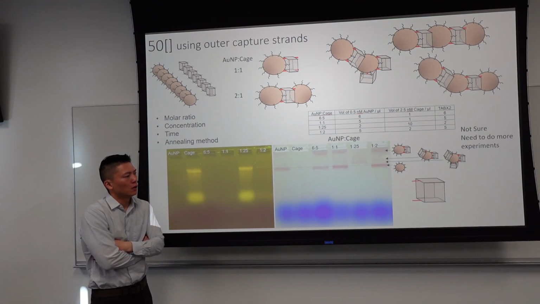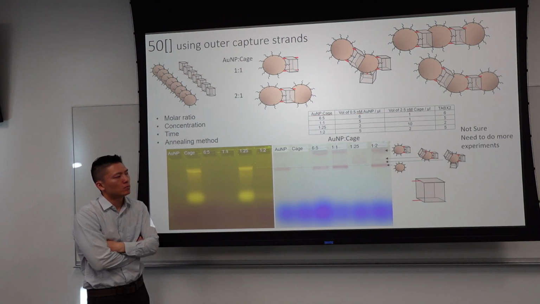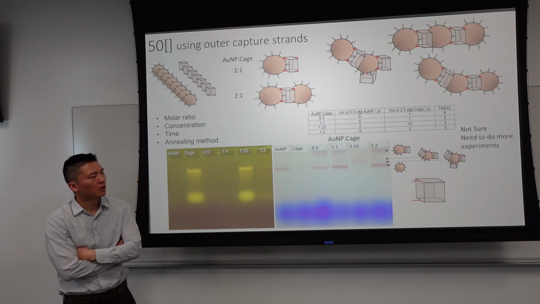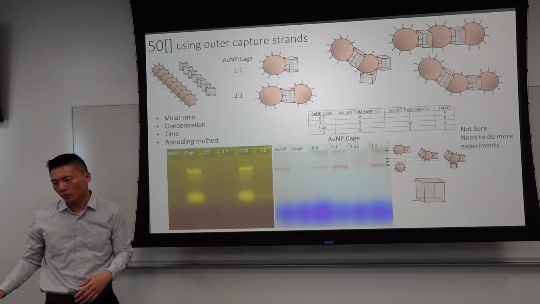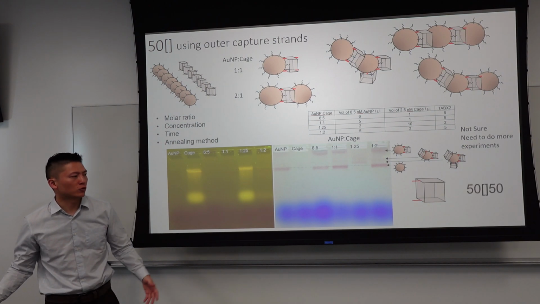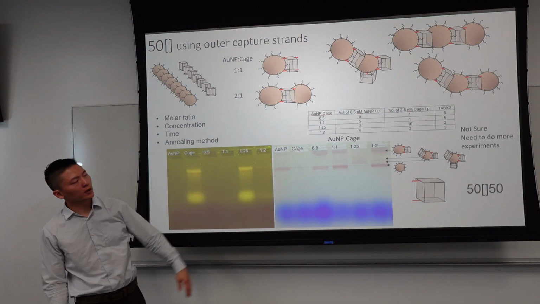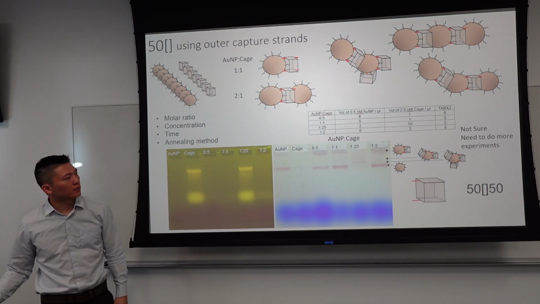So if I can get a band from that, then I can know better if I've created it, if the band's lined up. Anyways, and of course the 50-50 cage. That would be something I would like to be able to do too, a 2-to-1 ratio. Anyways, and that's it for my talk.